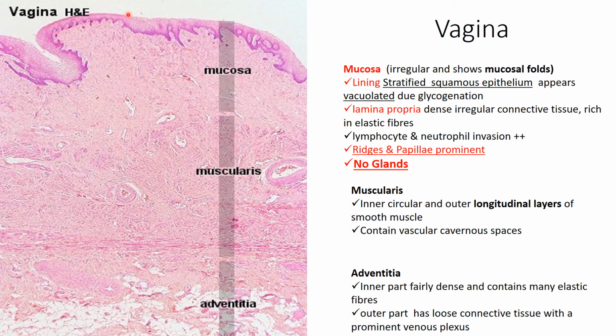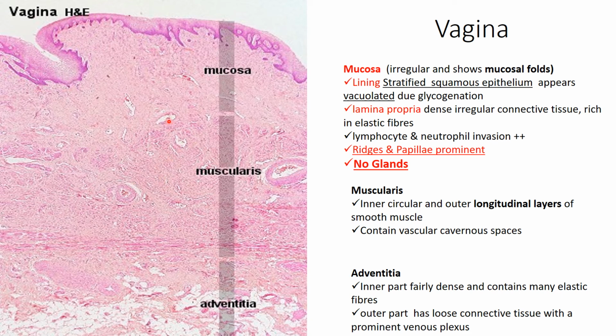Now, outside this vaginal epithelium and the stromal portion or lamina propria, it exhibits the muscularis layer. This muscularis layer has an inner circular portion and an outer longitudinal portion, and they also exhibit vascularity, even vascular cavernous spaces.